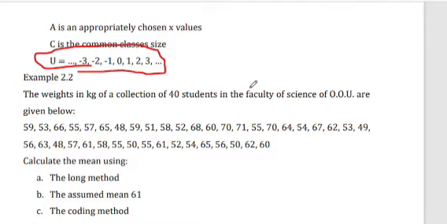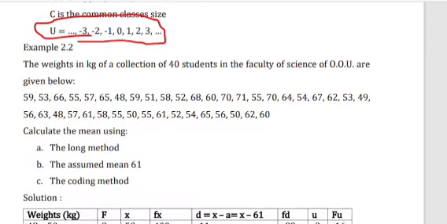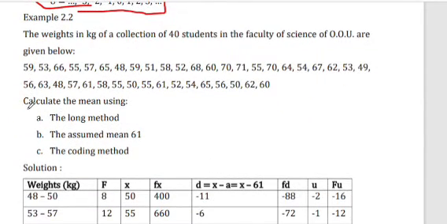So these are the weights: 59, 53, 66, 65, 57, 65. Just read through these numbers. Then I'll do something.